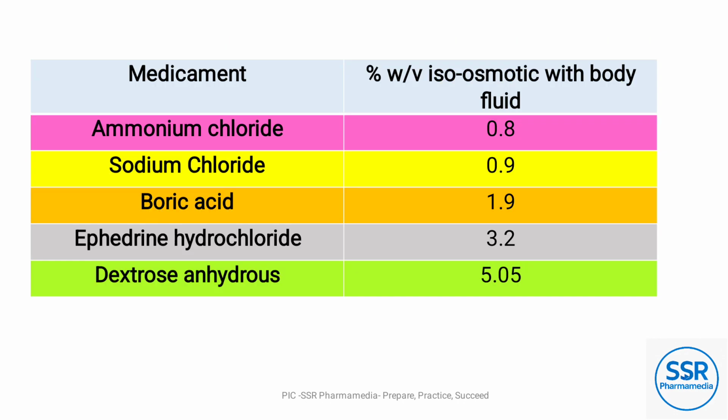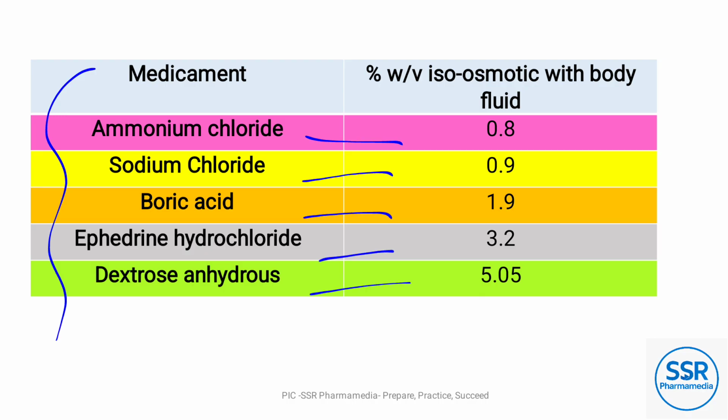Next, these are all the important drugs that are isotonic with body fluid, in weight in volume. Ammonium chloride at 0.8 gram makes the solution isotonic. Sodium chloride means 0.9 grams.